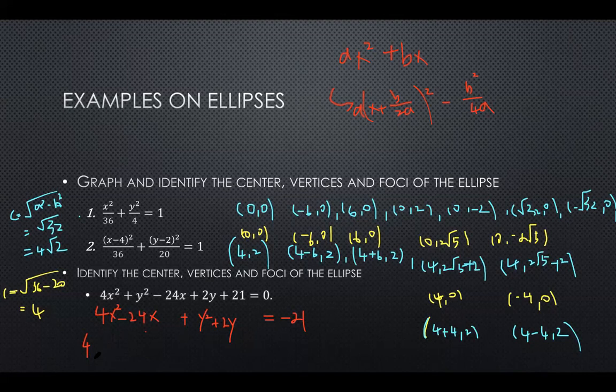So in this case, b is minus 24 and a is 4. So minus 24 divided by 2 times 4, which is a, you have minus 3. So this is this.